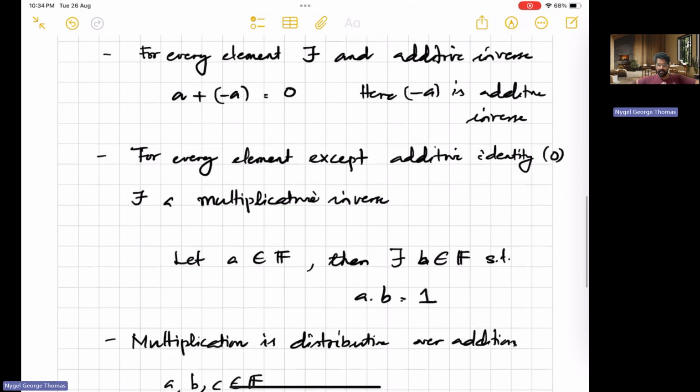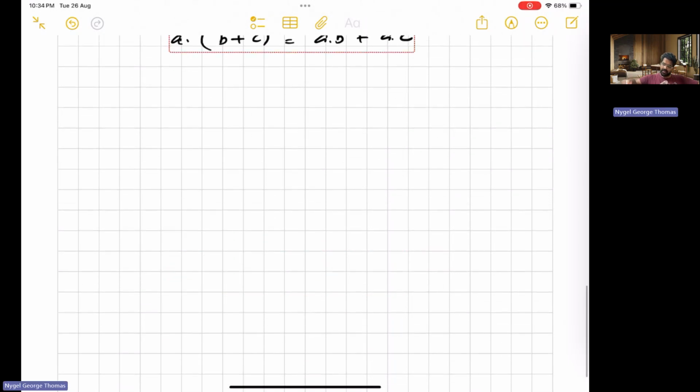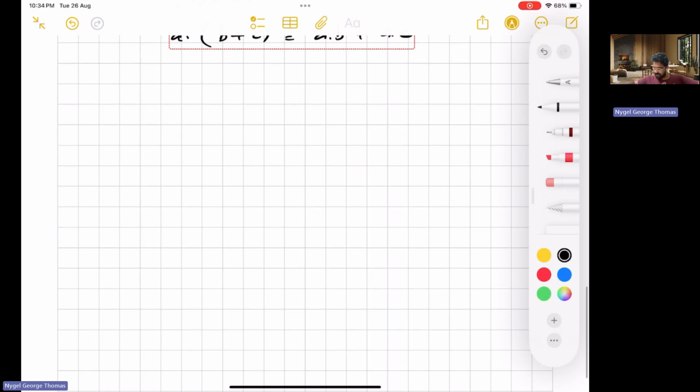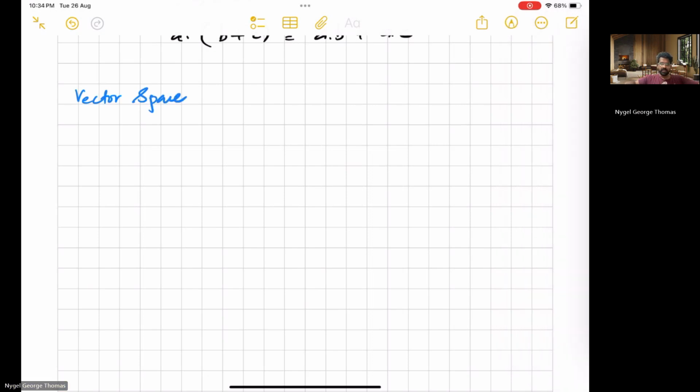Once we have formally defined what a field is, we can go to the idea of vector spaces.